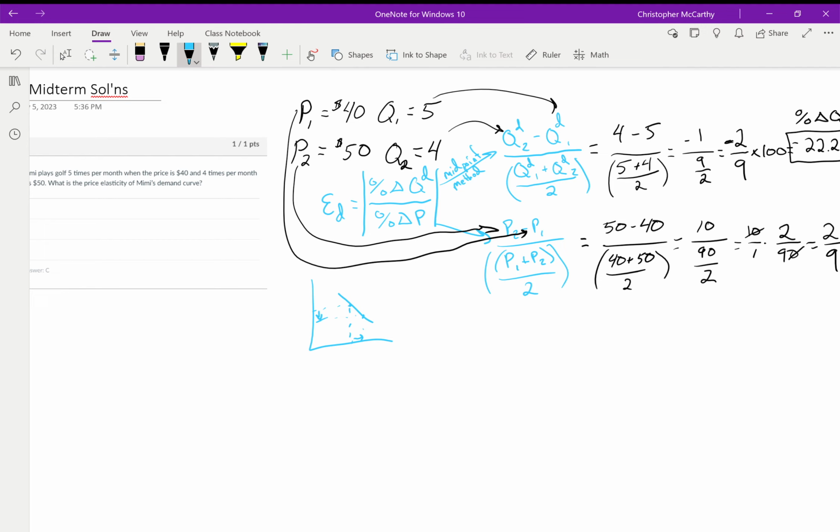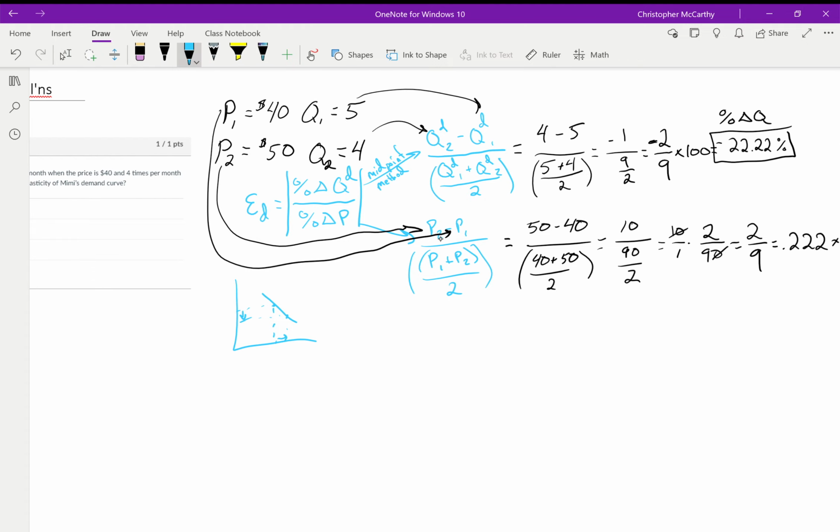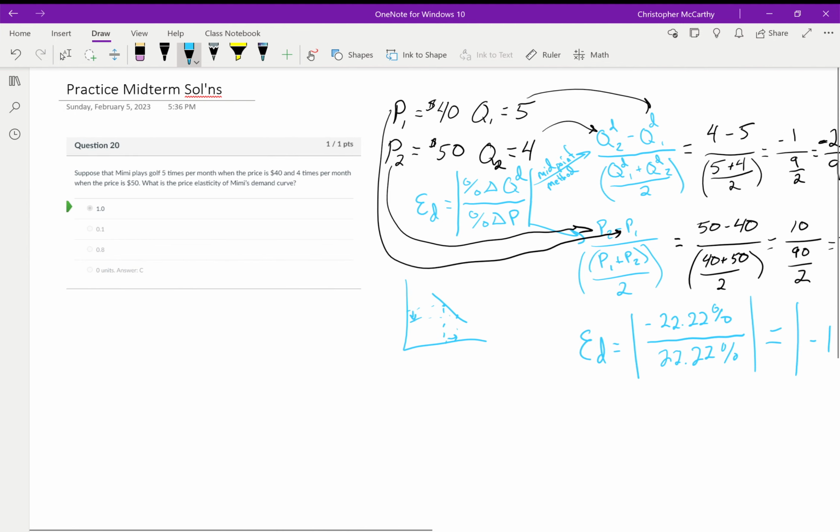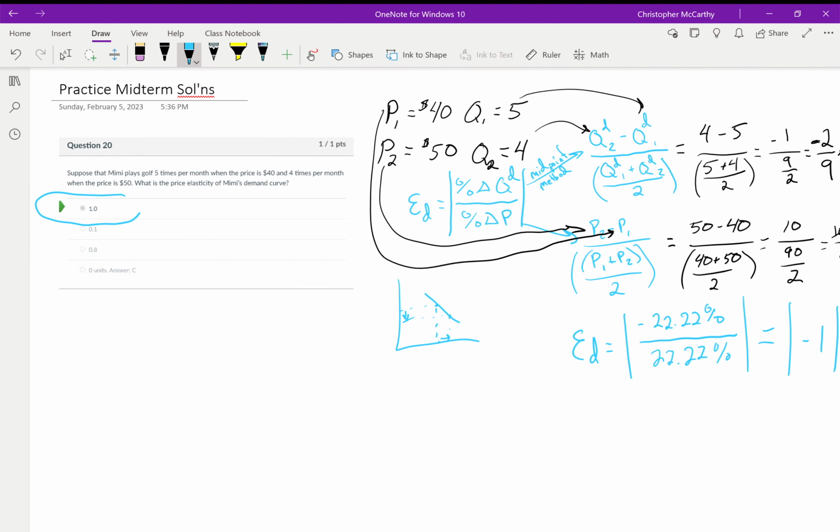And so our last part of this is putting it all together. Our elasticity of demand is equal to the absolute value of my percentage change in quantity, my negative 22.22%, divided by my positive 22.22%. And the absolute value of this is going to be the absolute value of -1, or 1. So this is a unit elasticity, which is why that was the answer.